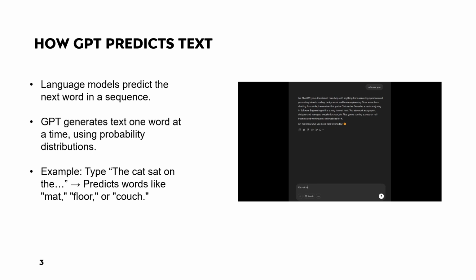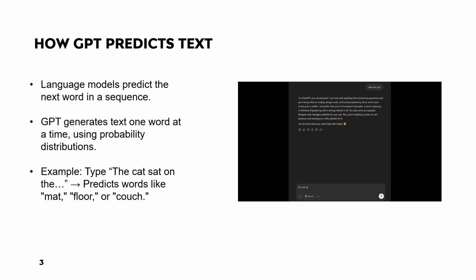ChatGPT generates text one word at a time using probability distributions. Like I discussed, in the example the cat sat on, the predicted word came out as mat. It could also give you floor or couch.